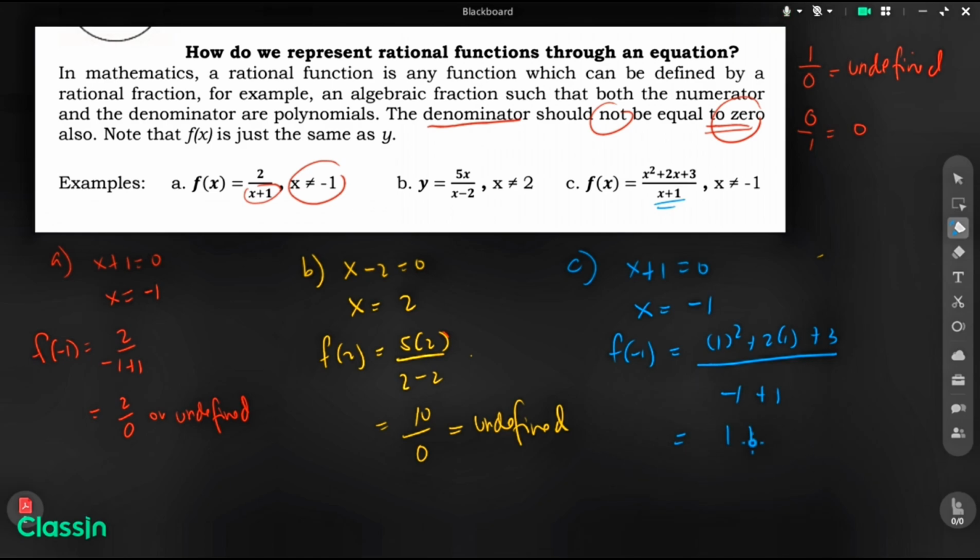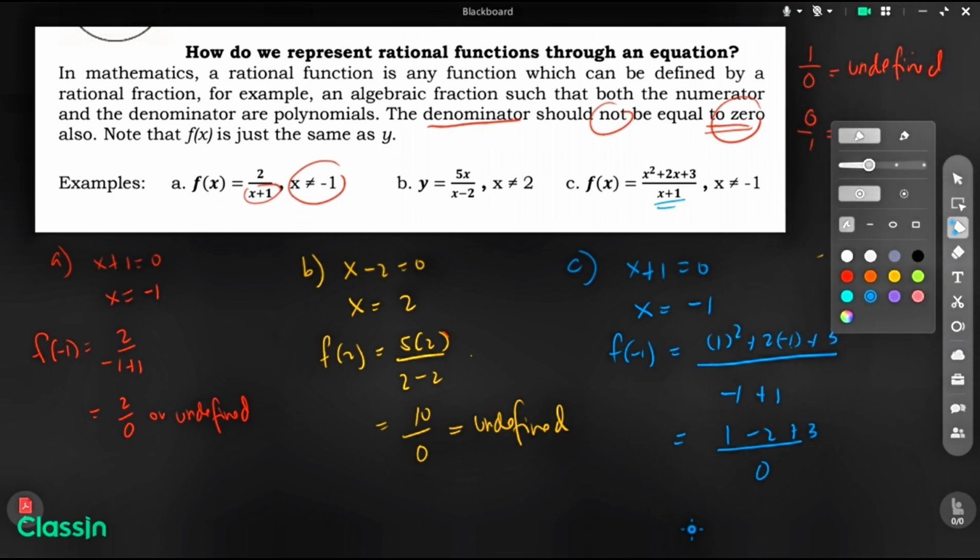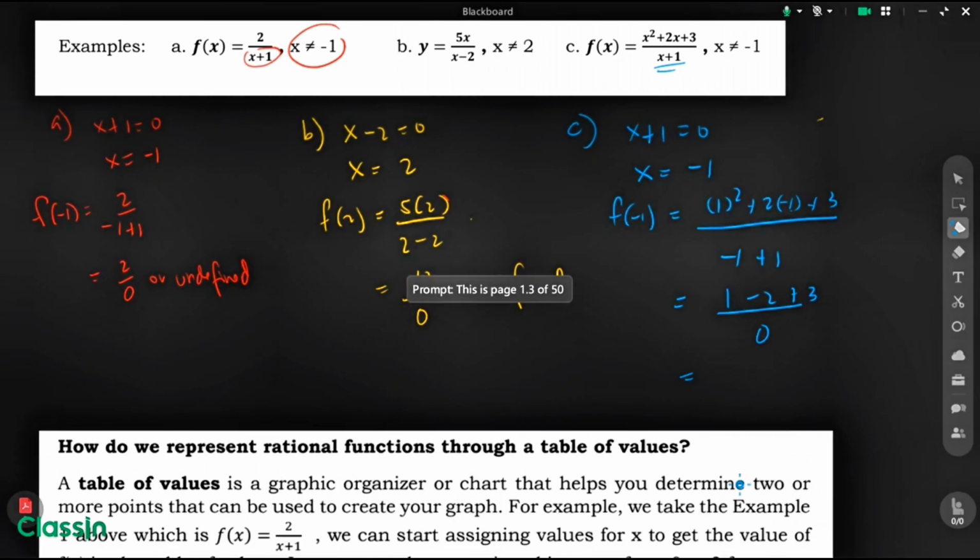So this will become 1 minus 2 is equal to -1, plus 3 is 2, all over 0, or undefined.